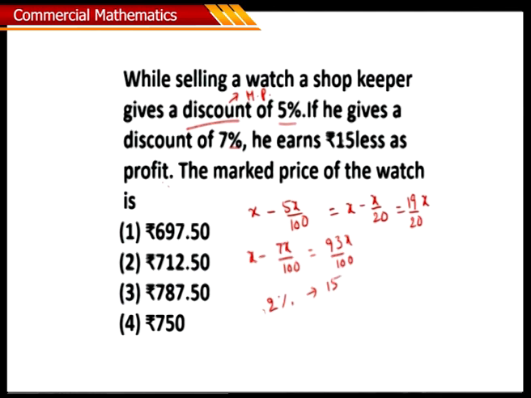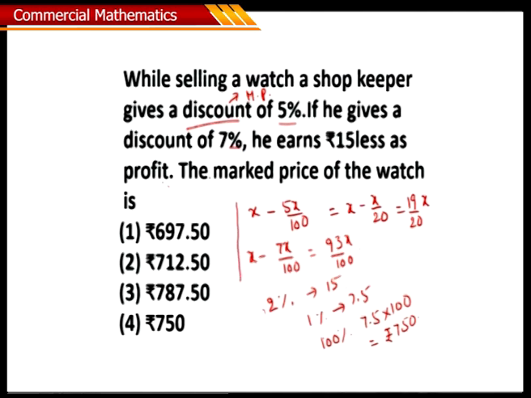So how are we going to do this? 2% to 15 means 1% is 7.5. So you want 100%. 100% means 7.5 times 100, so simply you can observe that it is rupees 750. Actually, if you calculate like this, it takes so much time.